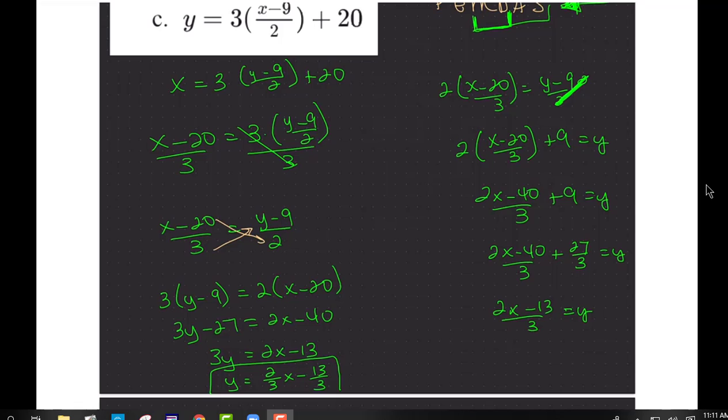Why is it 27 over 3? Because to add fractions, you have to have a common denominator. Yep, that's fine. You can either leave it that way or mine's just separated: 2x over 3 minus 13 over 3 equals y, if you just separated them into two fractions.